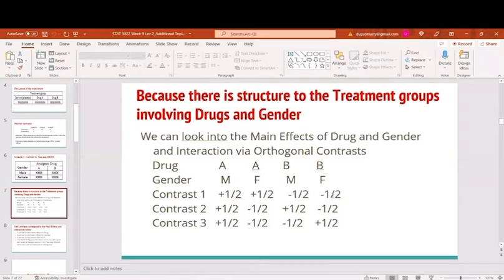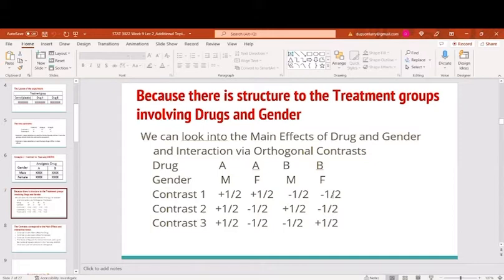It means you basically want to test if there's a significant difference between the 2 drugs. Look at that. Drug A and A, half and half, B and B, minus half. In contrast 1, you want to test if there is any significant difference between the 2 drugs.